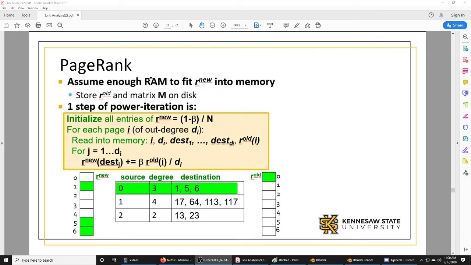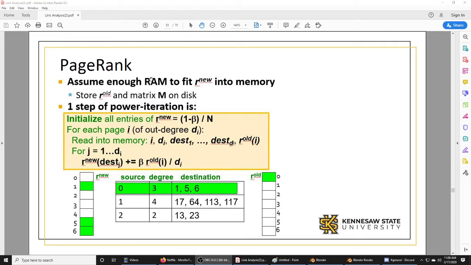So let's assume that we have enough RAM to fit R new into memory. Okay, so we would store R old and the matrix on the hard drive. This is where memory management comes into effect. All right, so we initialize R new equal to (1 minus beta) over n.